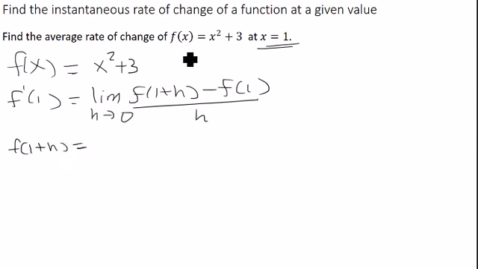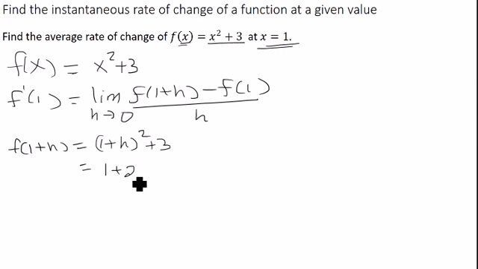So that's going to be (1 plus h) squared plus 3. That's the square of a binomial, so we just have to FOIL it or use the formula. I'm going to use the formula for (a plus b) squared, so that's going to be 1 plus 2h plus h squared plus 3.